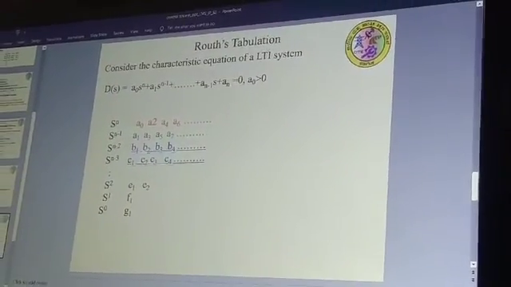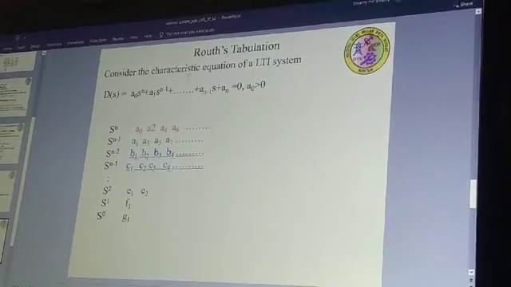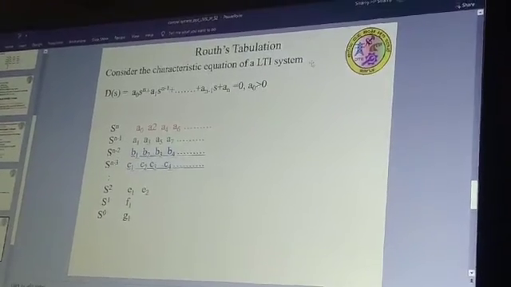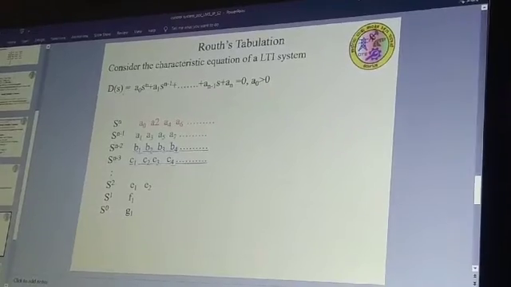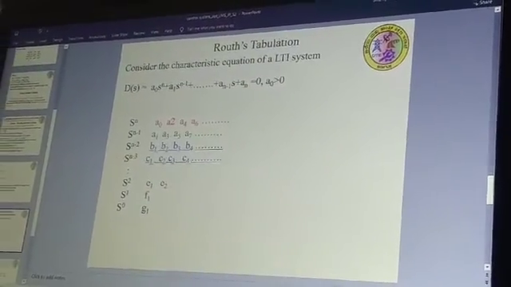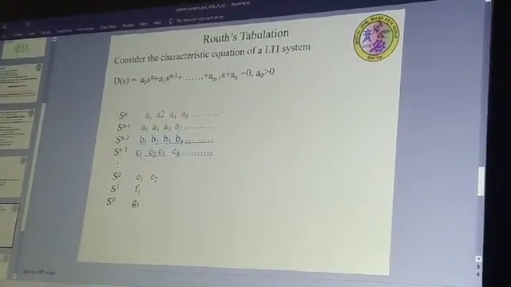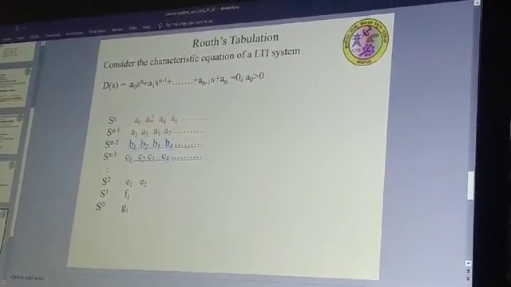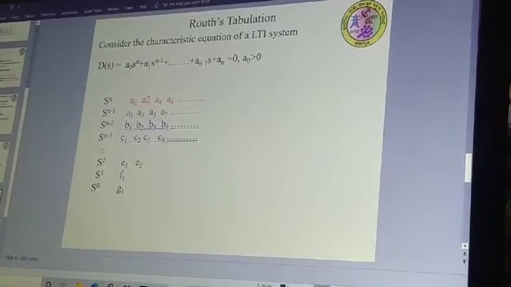So for Routh tabulation, you have to consider the characteristic equation of an LTI system, D(s) = a0 s^n + a1 s^(n-1) up to an = 0, where a0 should be greater than 0.